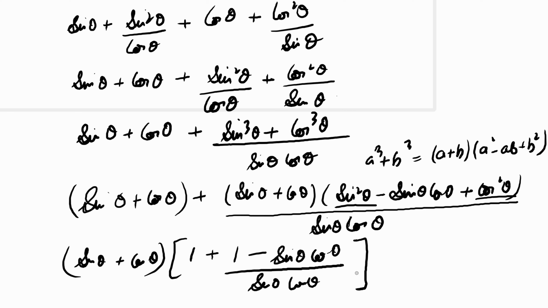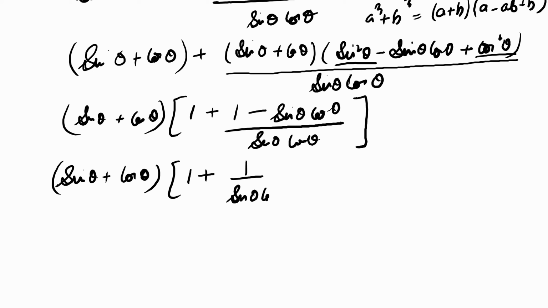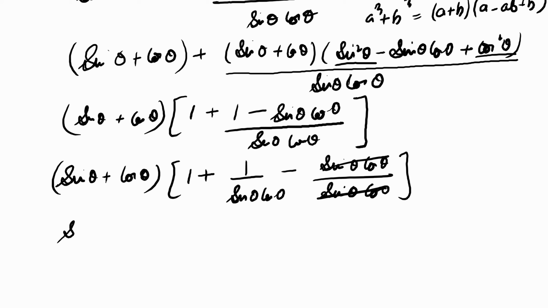Now we will separate them. Sin theta plus cos theta, 1 upon sin theta cos theta minus sin theta cos theta upon sin theta cos theta. This will cancel out and become 1.